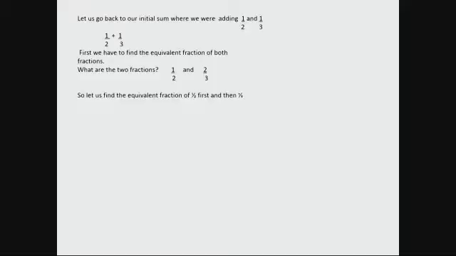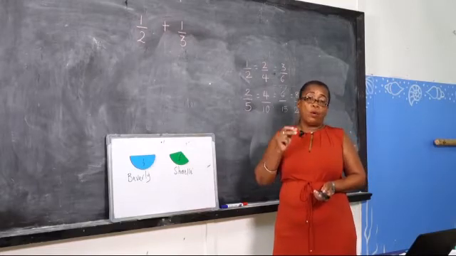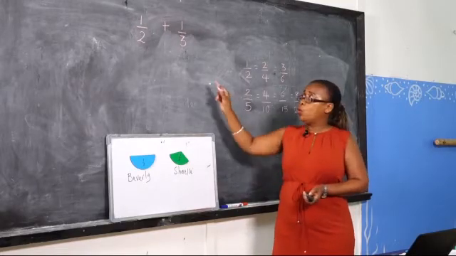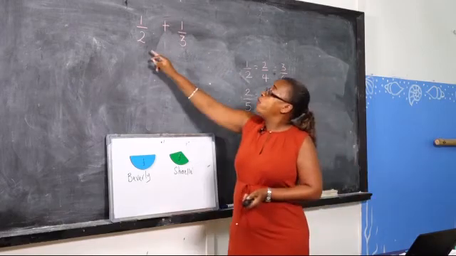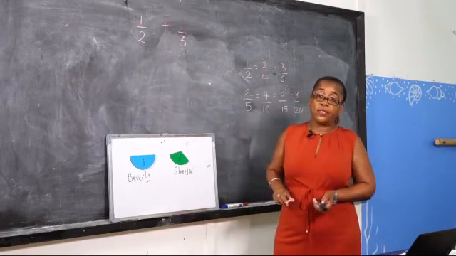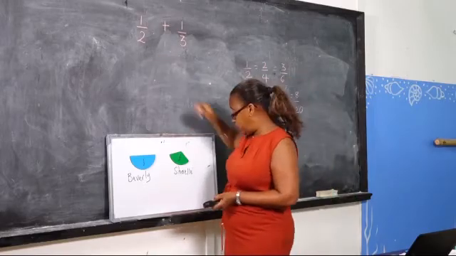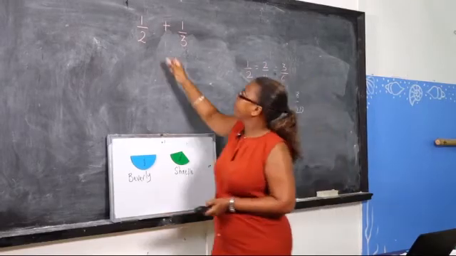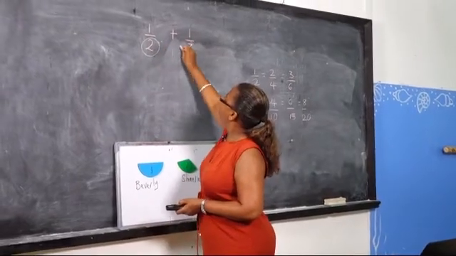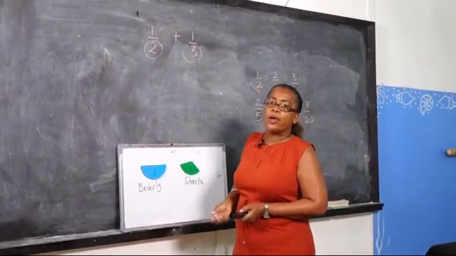Okay? We will go back to our sum. Like I've told you before, we're going to apply equivalent fractions to add it. Okay? Because the denominators, they are not the same. So 1/2, here we have 1/2. And here we have 1/3.